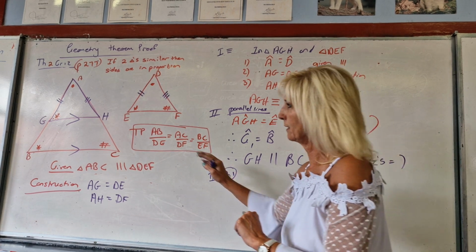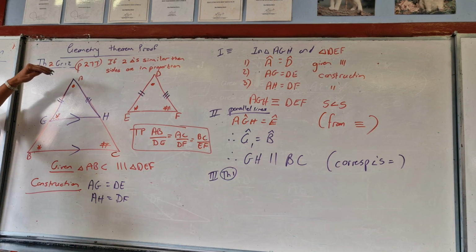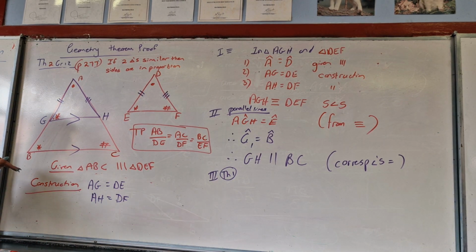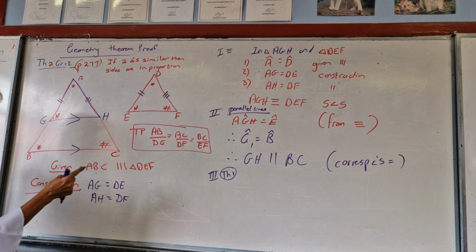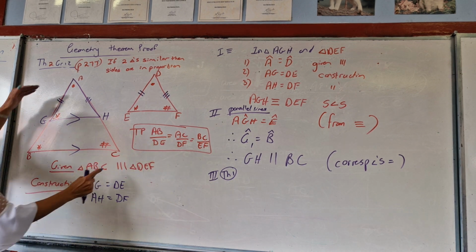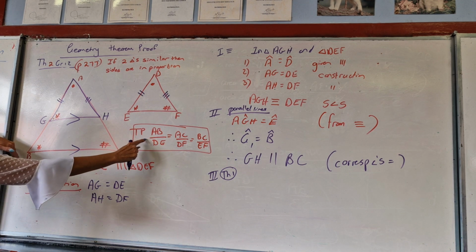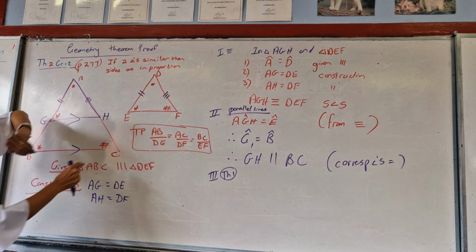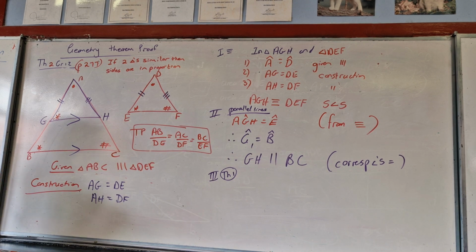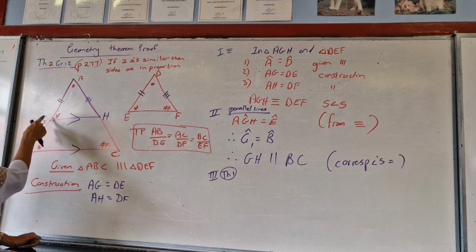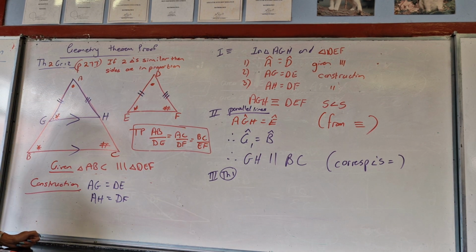Saying what? In this triangle, I will have AG over AB. Any of them are working, but remember, I'm forcing this. I would like it to be AB over DE. Look at me forcing it. I would like it to be AB over DE. But DE will be the same as AG.